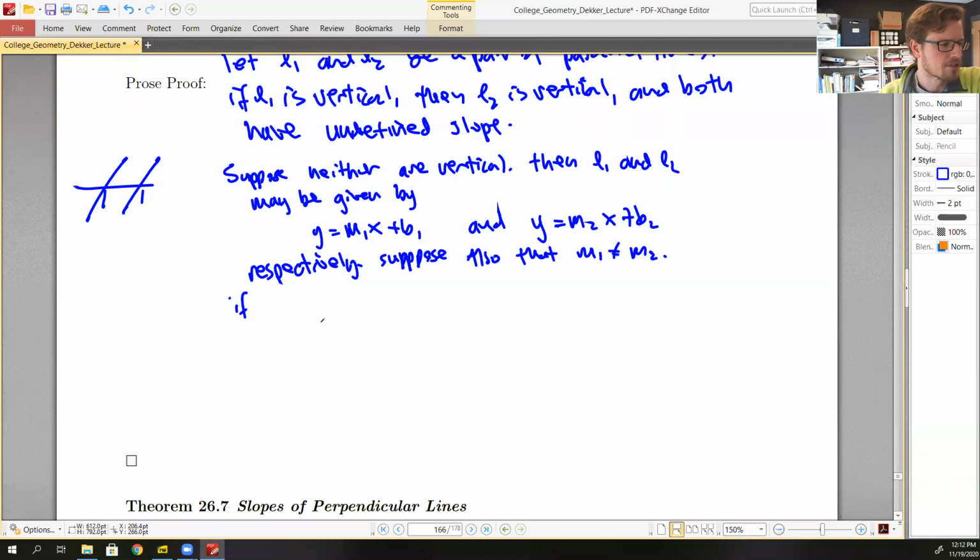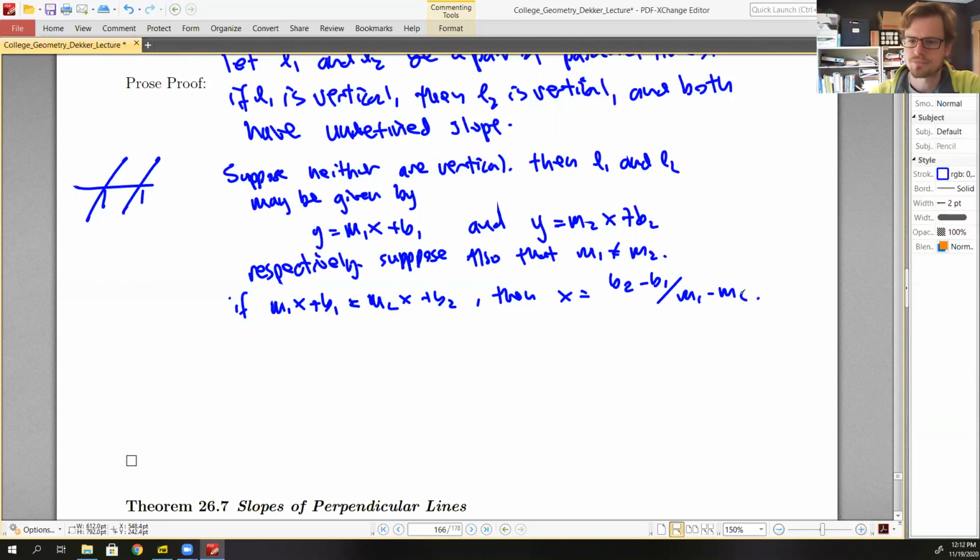So if we assume that we have the same y value, that would give us that m1x plus b1 is equal to m2x plus b2. Then we can solve this equation for x and find that x is equal to b2 minus b1 divided by m1 minus m2.